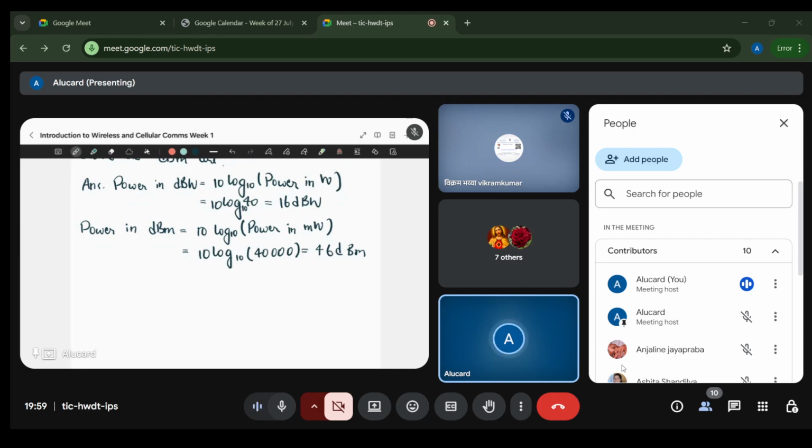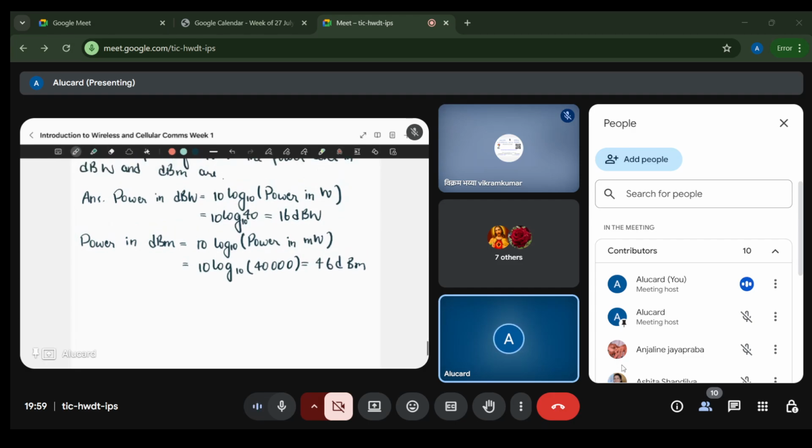So log 40,000 is log 4 into 10 power 3. This is log 4 plus log 10 power 3. Log 10 power 3 is 3 since it's base 10. Log 4 we already found in the previous question, which is 1.6. So 1.6 plus 3 is 4.6, into 10, which is 46 dBm.